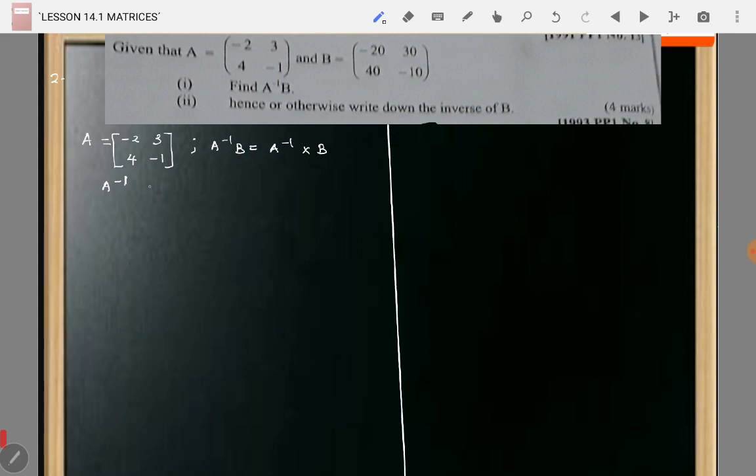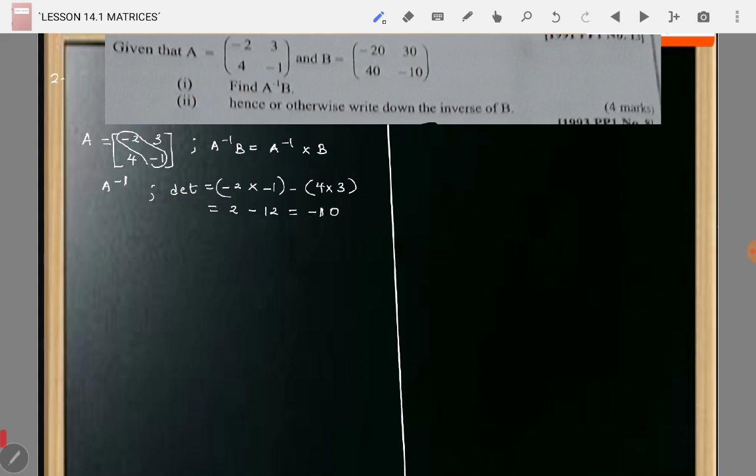In order to get A inverse, it is very important for us, first of all, to get the determinant of A. Determinant is gotten by the product of the main diagonal, which is -2 times -1, minus the product in the other diagonal, which is 4 times 3. And this determinant will be -2 times -1 is +2 minus 12, which is equal to -10.